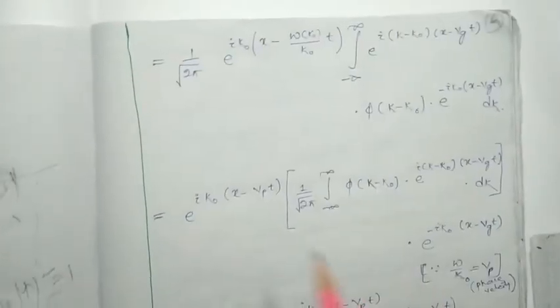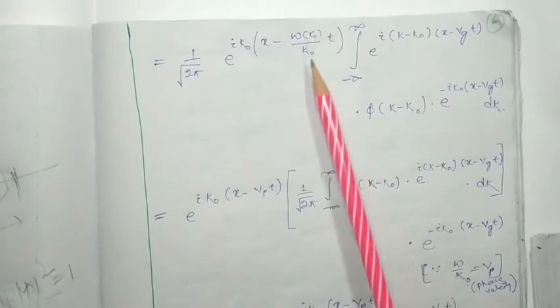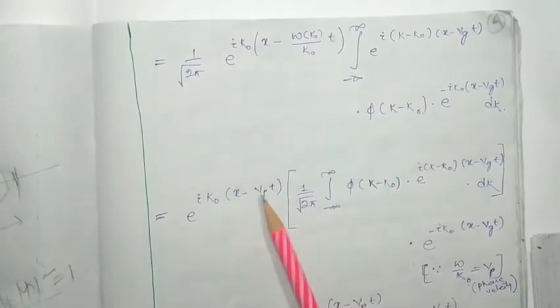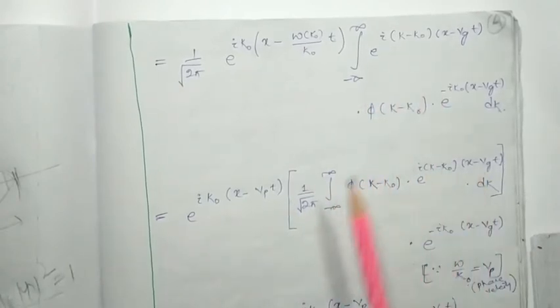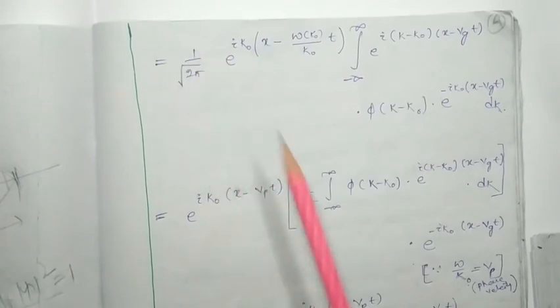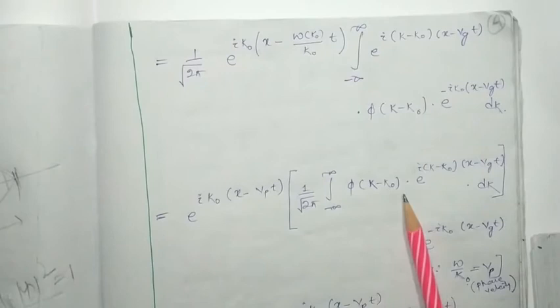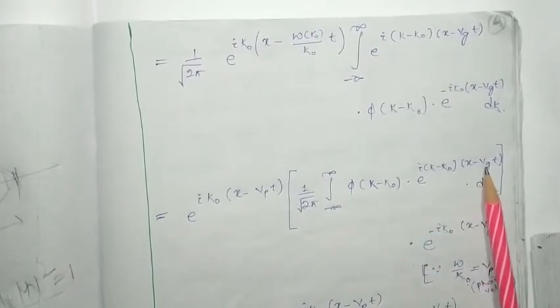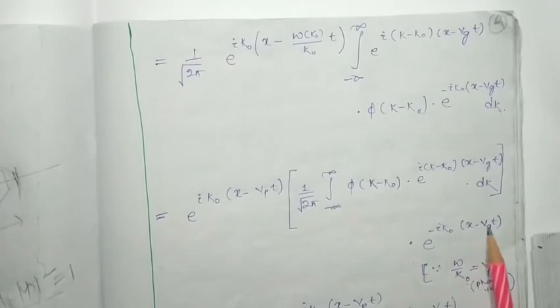So this is equal to e to the power i k0 (x minus ...), where we know that omega/k is nothing but the phase velocity Vp, so Vp t, and the other terms have been written this way: 1/2 pi, integral from minus infinity to plus infinity, phi(k minus k0) e to the power i(k minus k0)(x minus Vg t) dk, into e to the power i k0 (x minus Vg t).